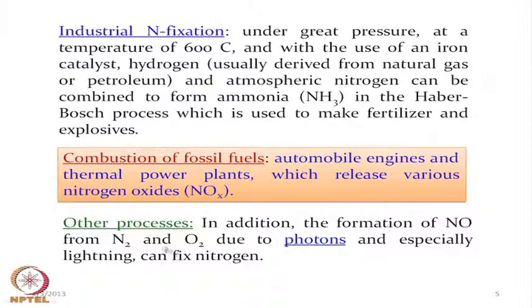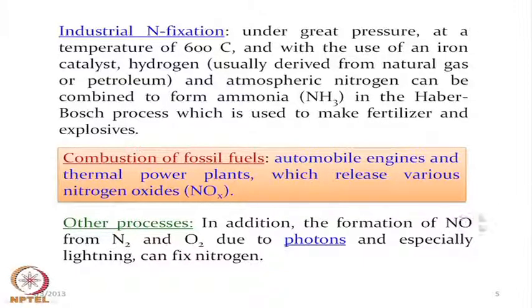And if this reaction between nitrogen and oxygen is photochemically driven, that means we can go for the photochemical reaction between nitrogen and oxygen, and we get the different forms of nitrogen oxides. When we make these nitrogen oxides, we basically convert this nitrogen.